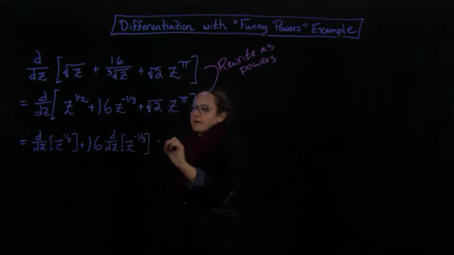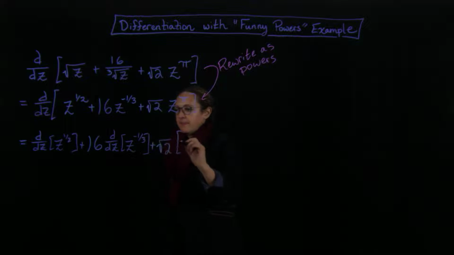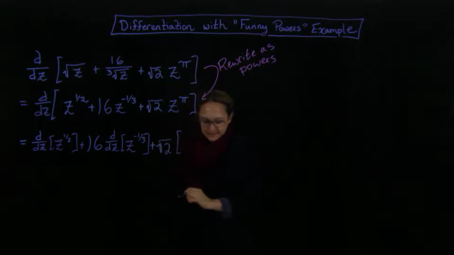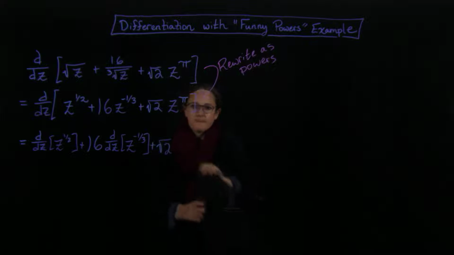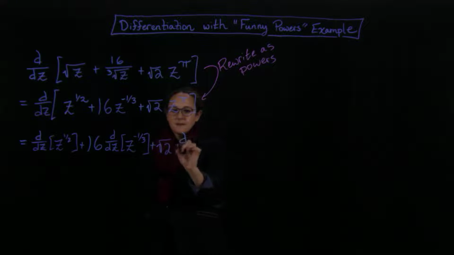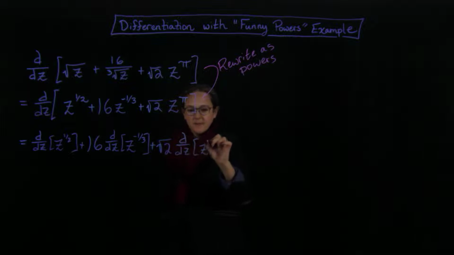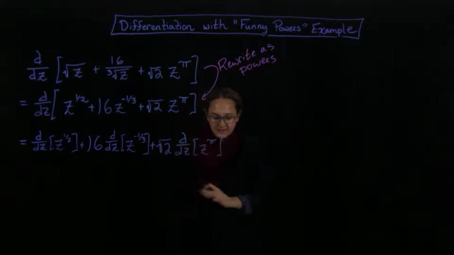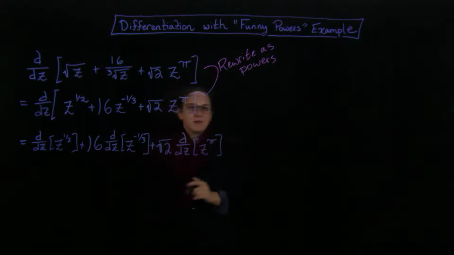My constant here is the square root of 2, so I can pull that out, and then I want d dz of z to the pi. Now we just have these kinds of powers inside.